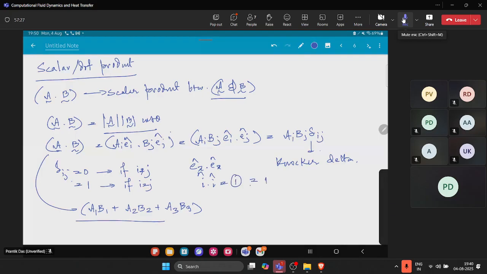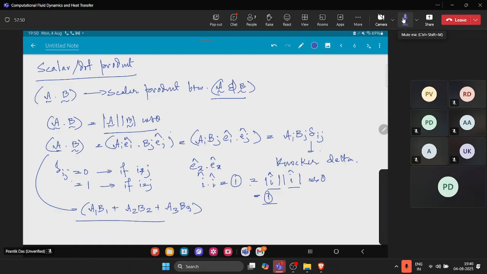Since this is basically what? i cap magnitude, i cap magnitude, and cos of 0. So cos of 0 is 1, and i cap magnitude is 1. So that's why it actually remains. When you multiply a vector with a non-orthogonal component, you get a non-zero scalar product.